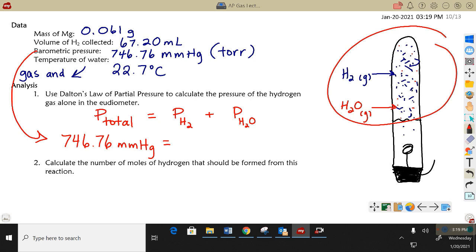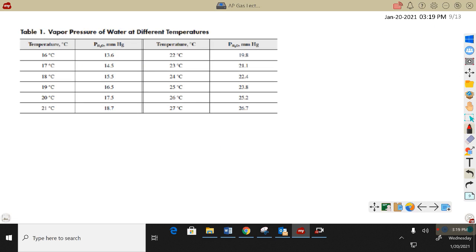You would have to be told what the lab conditions were. I want to solve for the pressure of the hydrogen gas. The pressure of the water vapor is a constant. That's something that you can look up on a chart. You just have to know the temperature. So our water temperature was actually a little bit funky. What did we have? About 22.7 degrees Celsius?